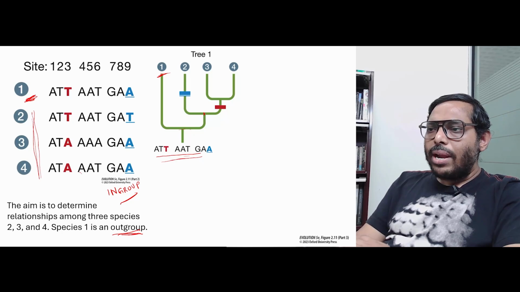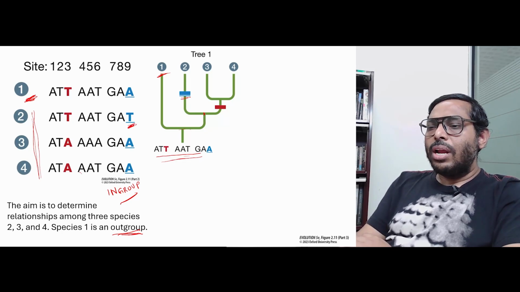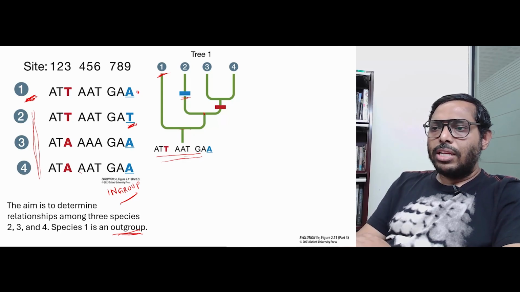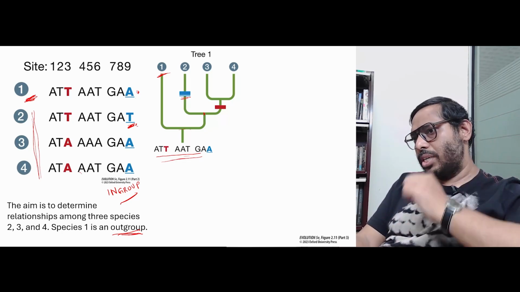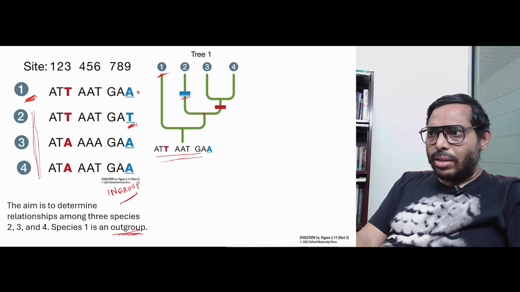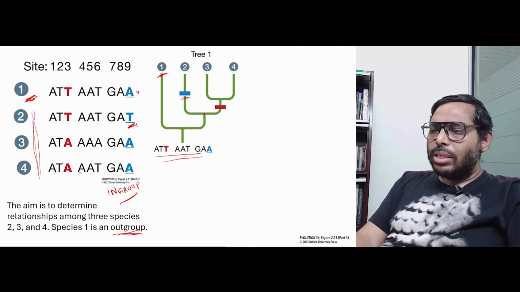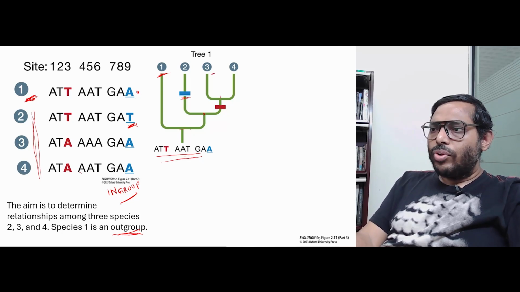One lineage, two lineages actually, one lineage had this mutation, which converted the A at the 9th position to a T. Remember that this is the only difference between 1 and 2: this A at the 9th position has become T. So, that is this mutation. And let us assume that the other lineage at some point acquired another mutation, and after that mutation this common ancestor split into 2 groups, and one led to 3, the other led to 4.